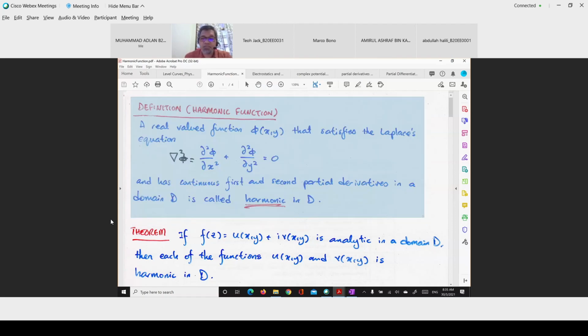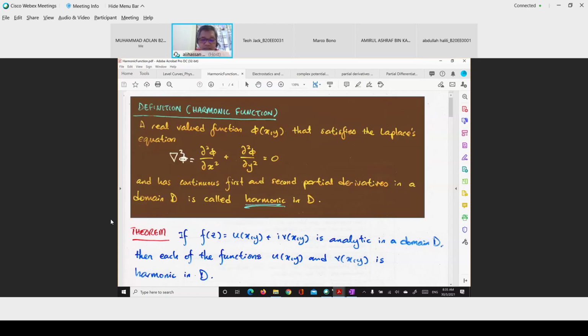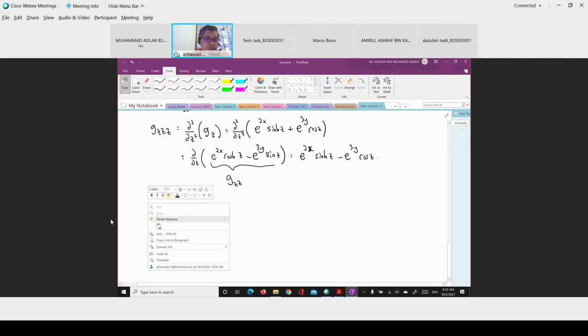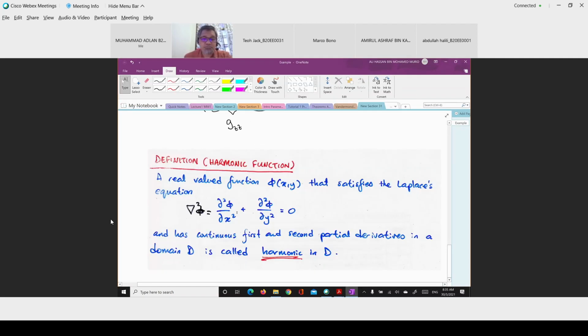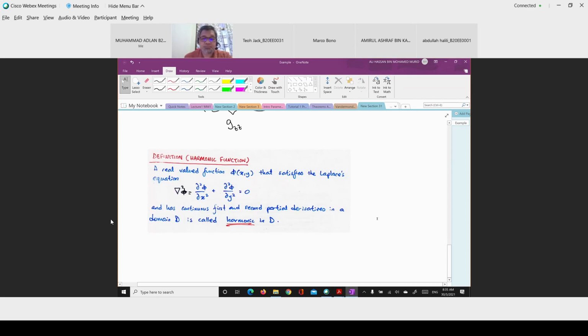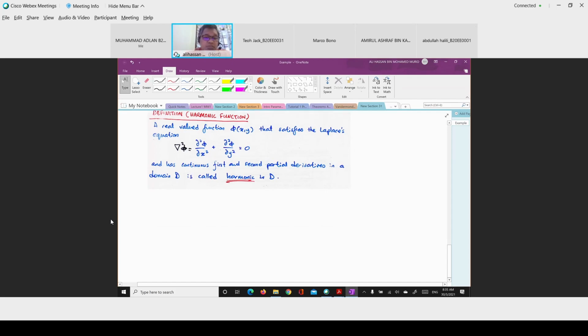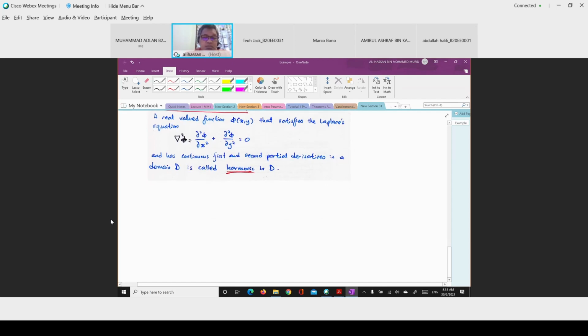This is named after the French mathematician Laplace. So this is a very important equation.